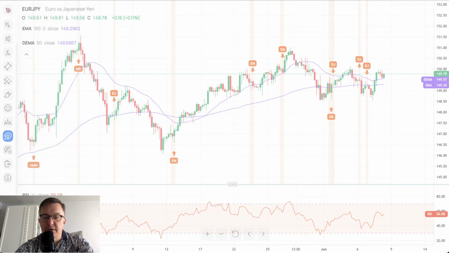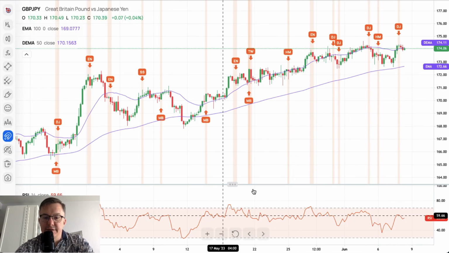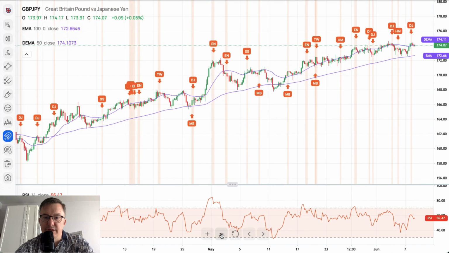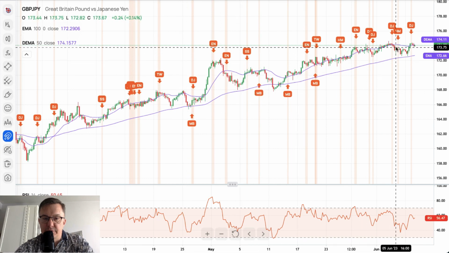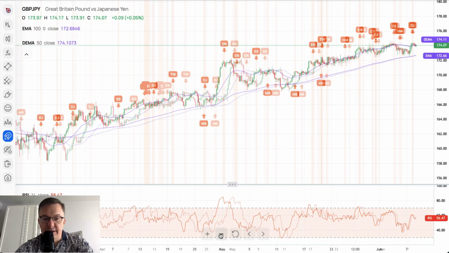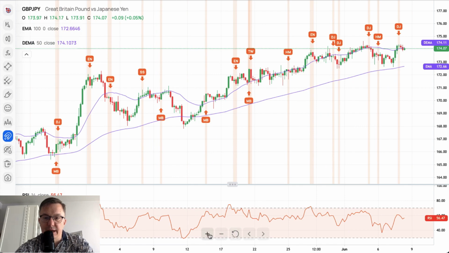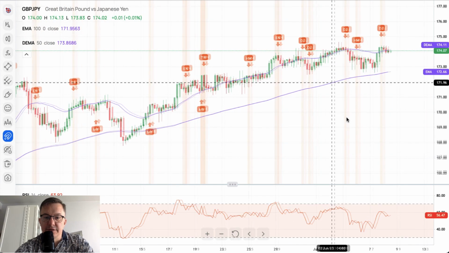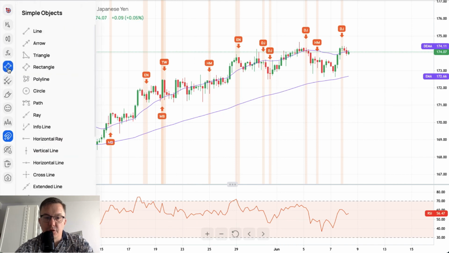And the last market we are going to take a look at is the British pound to Japanese yen. This situation is very similar to the US dollar to Japanese yen. Big, nice uptrend, more than half a year or even more. The market still continues this uptrend.